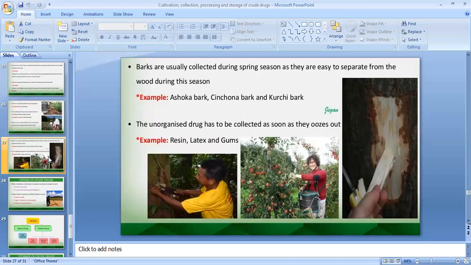For example, resin, latex, gums, etc. So we can say that herbs are collected in the proper season and at the proper time. So the collection of the herb is very important, and collecting herbs and crops by proper methods is very important.